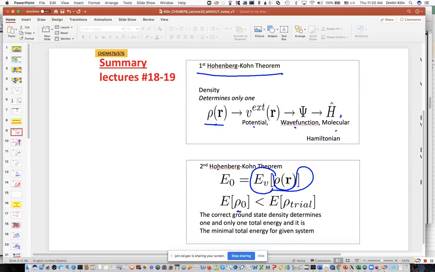And the second DFT theorem is that if one knows the absolutely correct density for the ground state, then the energy as a functional of the correct ground state density will be smaller than the energy of any trial density, any density that deviates from the ground state density. Basically, it's the same as a variational theorem, and it will give us background to go over iterative cycles.